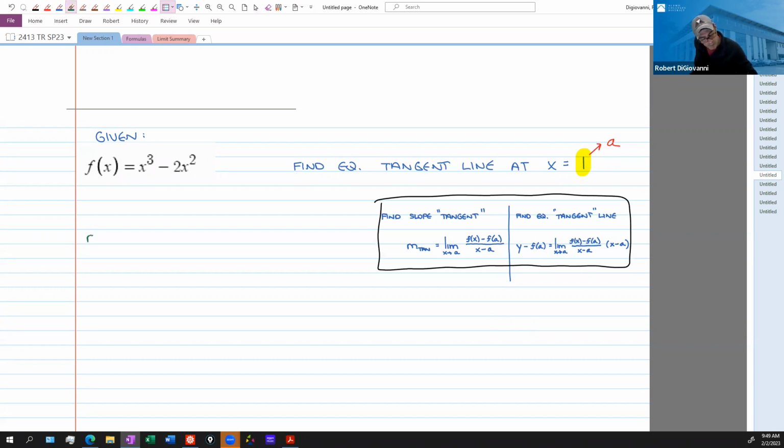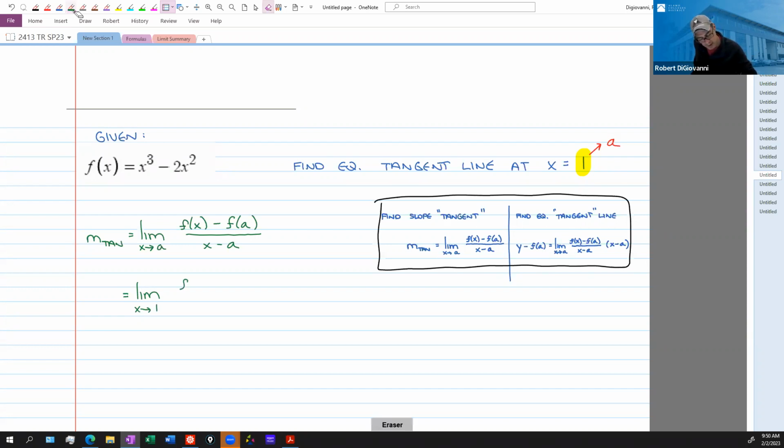So the slope of the tangent line, by definition, is just the limit as x approaches a of f of x minus f of a over x minus a. Okay, I'm going to start replacing things. A for us is 1.